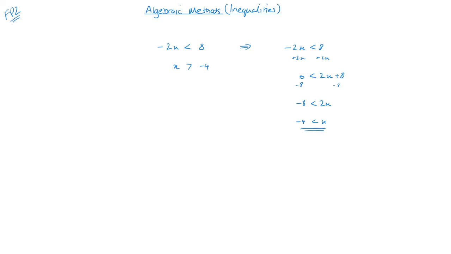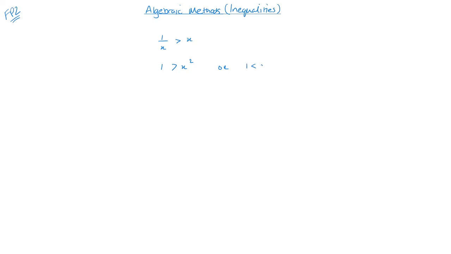So if I've got a question like this, and in this case I'm going to multiply by x, I've got 1 is greater than x squared. However, I don't know whether that x was positive or negative, because I could have ended up with this, or I could have ended up with this. And that becomes a little bit of a problem.